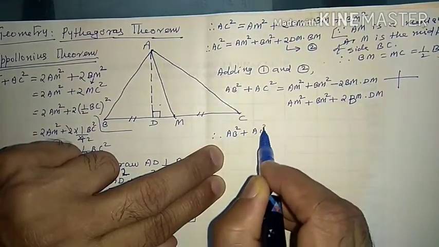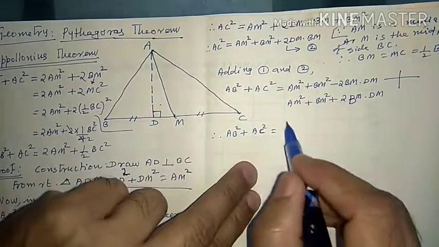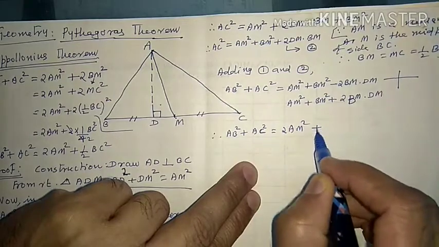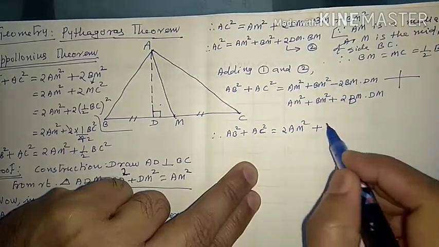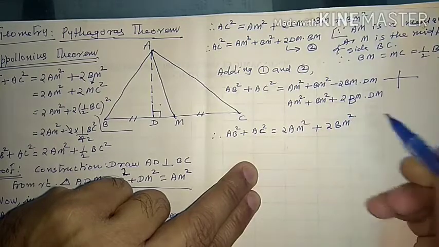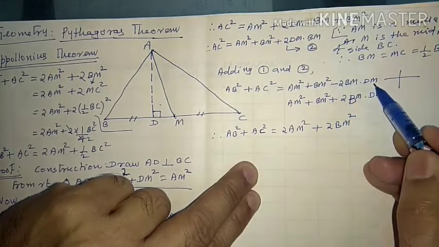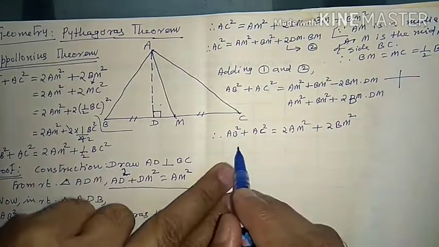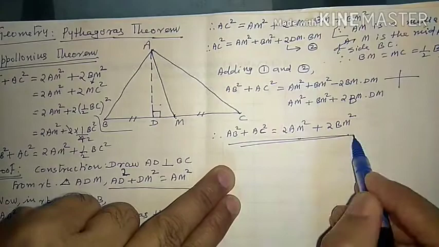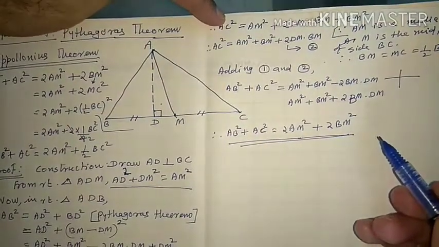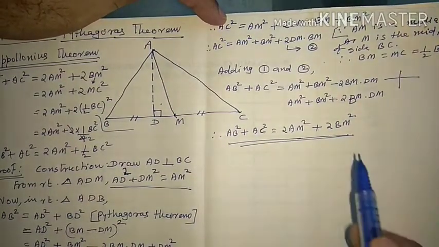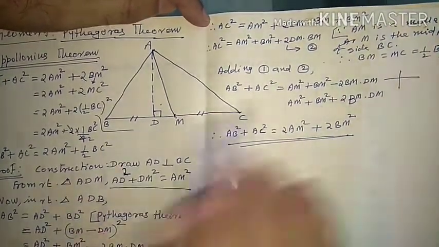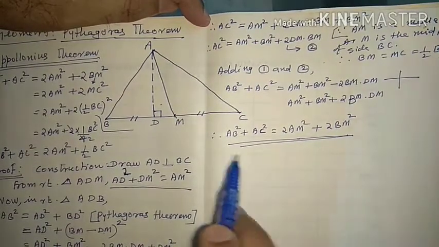AB square plus AC square is equal to AM square plus AM square, 2 AM square, plus BM square plus BM square, 2 times BM square, minus 2 BM DM plus 2 BM into DM cancels. Only this much. This is what we are getting, Apollonius theorem. This derivation is not given fully directly in the book also, but we require it.